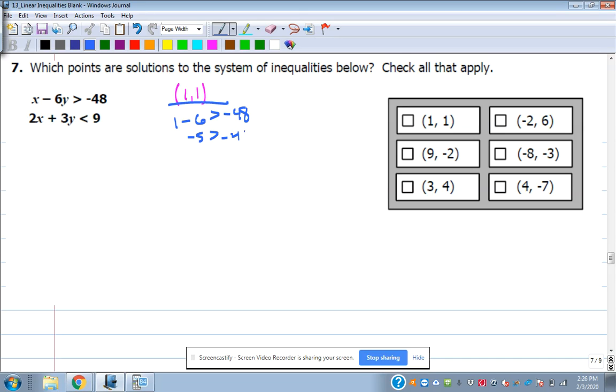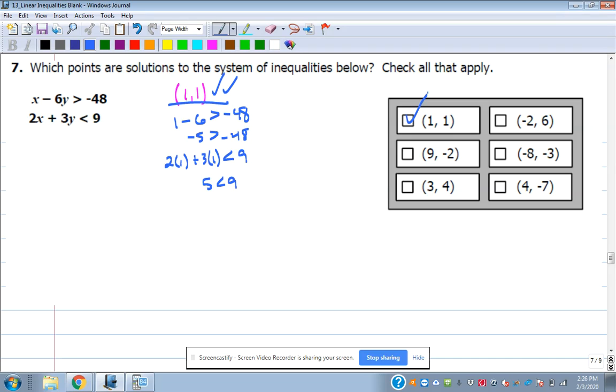Is that greater than negative 48? Yes, it is. So it works in the first one. I'm going to check it in the second one: 2 times 1 plus 3 times 1. Notice that I did not do the work to get that in slope-intercept form because you don't have to. It doesn't help you any. So this will be 5. Is 5 less than 9? Yeah, it is. So far, 1, 1 works.